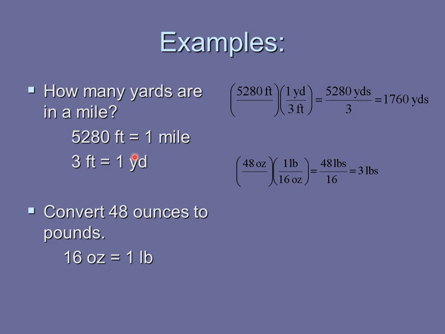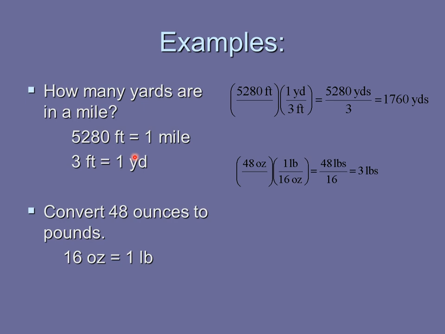To do that, you write 3 feet at the bottom and 1 yard at the top, because feet and feet get cancelled again. Now what you are left with is just do the math. You get the answer, which will be 1760 for this question. And the unit is yard, because you are left with only yard. Everything else got cancelled. So pretty much we'll be writing the conversion factor such that everything gets cancelled except the one you want.